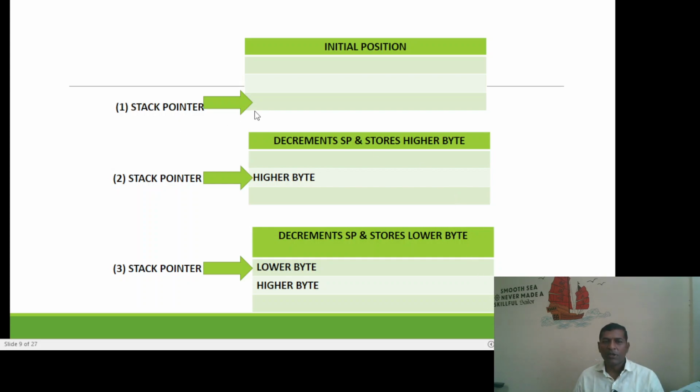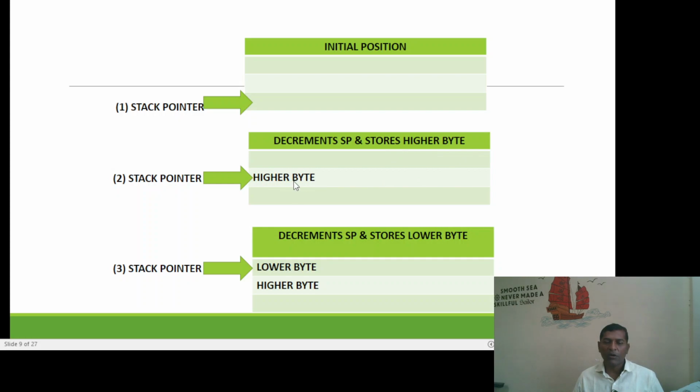The stack pointer is currently pointing to this particular location. When we execute a PUSH AX instruction, the contents will be pushed into the stack where the stack pointer is pointing. The stack pointer decrements and stores the higher byte.